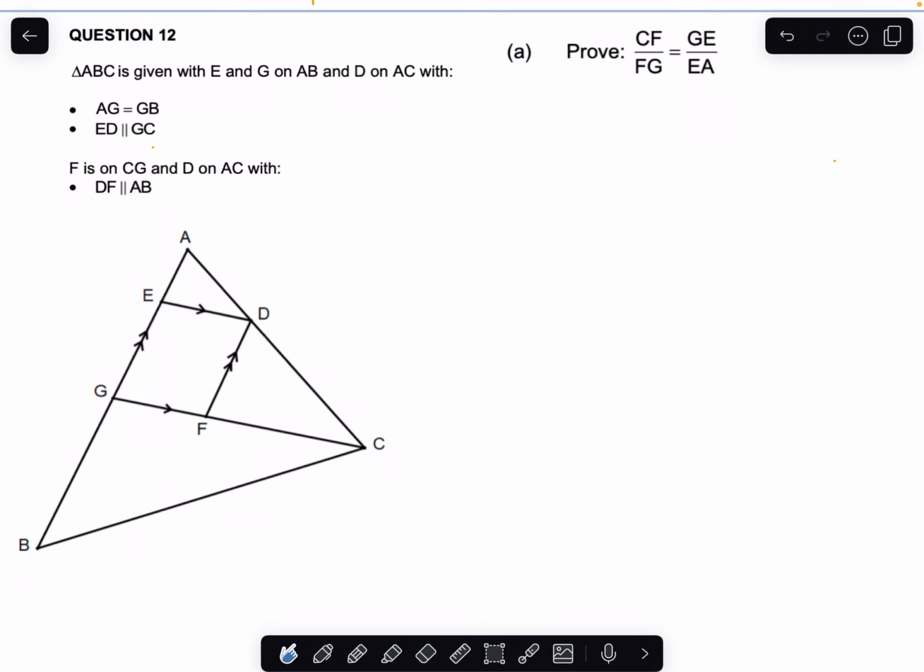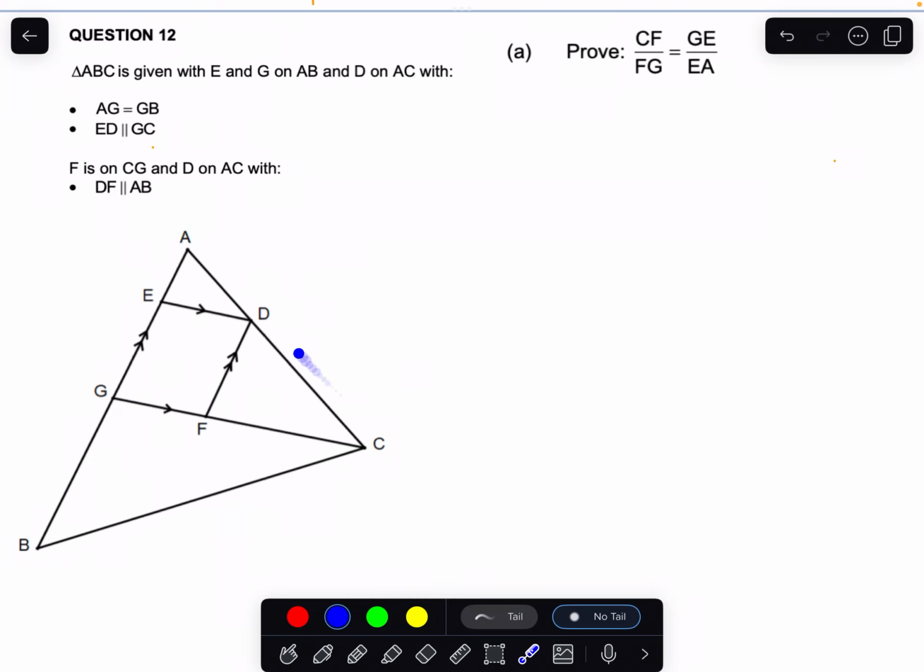Okay, triangle ABC is given with E and G on AB and D on AC, with AG equal to GB. Just going to highlight those.